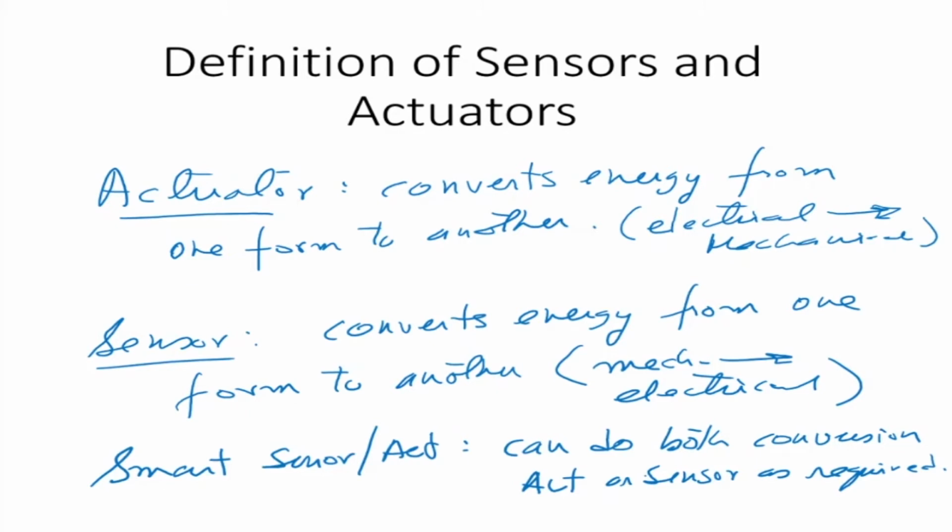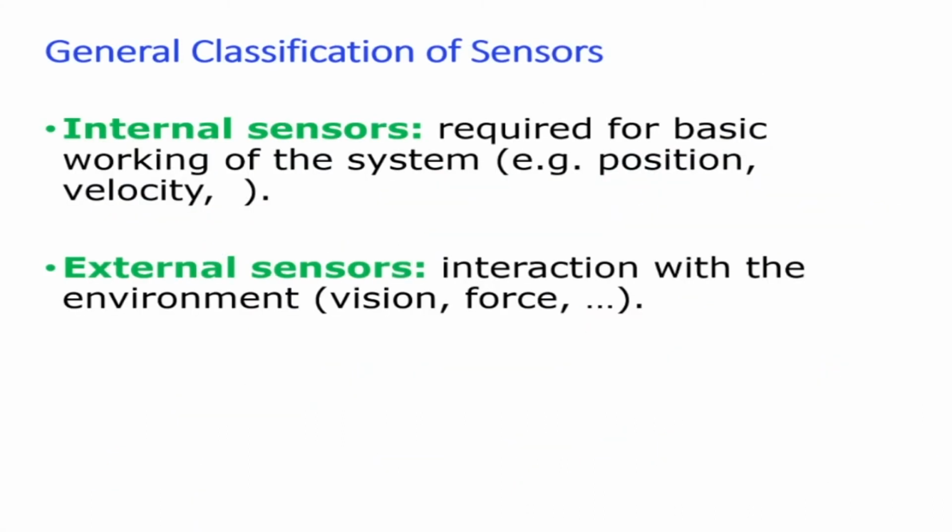An example is a piezo crystal, a piezo actuator. In a piezo, if you give it charge, it will produce mechanical displacement, and if you give it mechanical pressure, it will produce charge. So it's going both sides. These are called smart. These are very general definitions which cover all kinds of sensors and actuators.